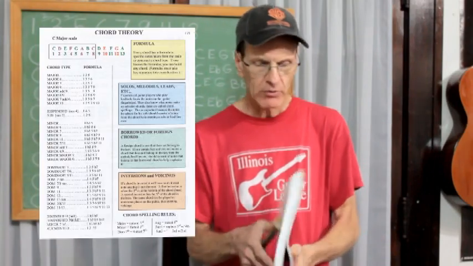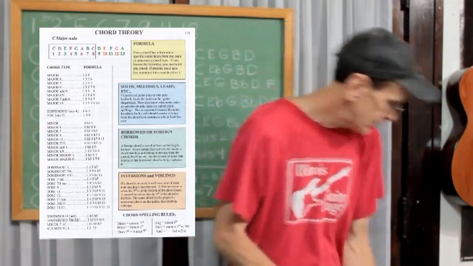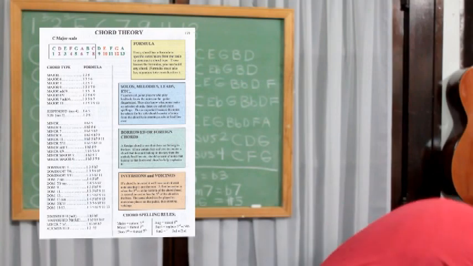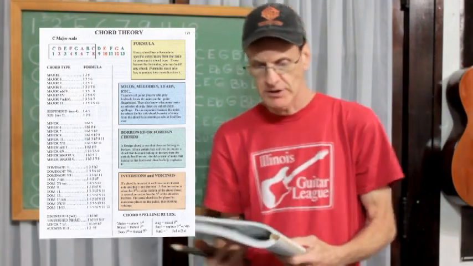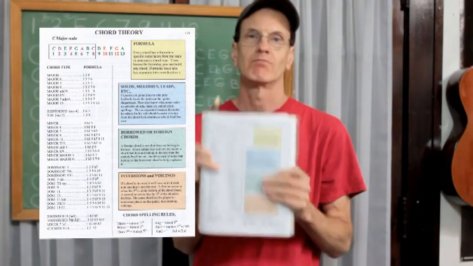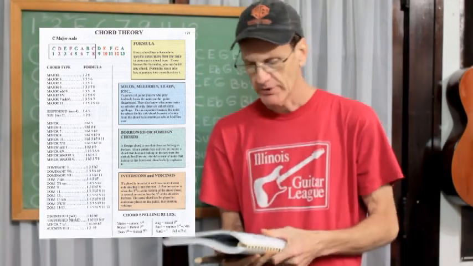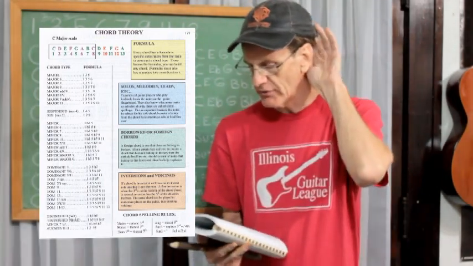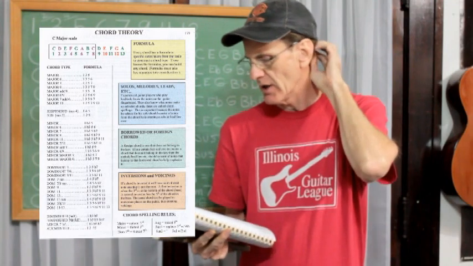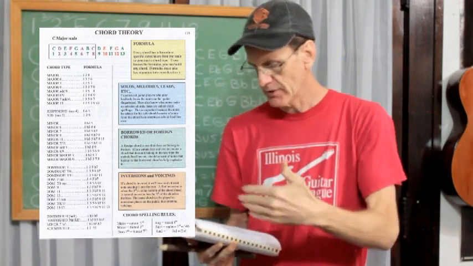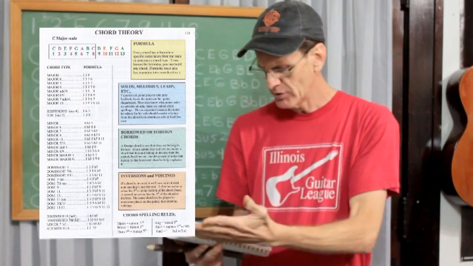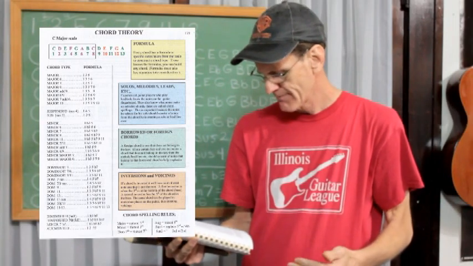All right, the other page I wanted to discuss is the one about the chord formulas, on page 179. You have all the chord types, and you have the formula, and there's a beautiful list there for you.